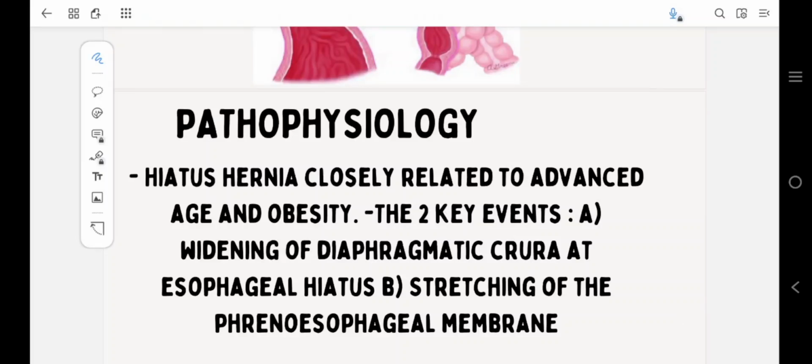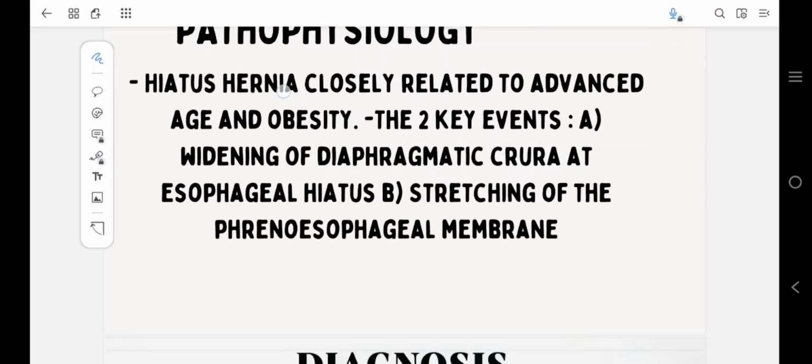As the hernia enlarges, the phrenoesophageal membrane balloons into the posterior mediastinum like a parachute. After repeated episodes, there is adhesion between the hernia sac and the thoracic structures, which prevent the hernia contents from returning to the peritoneal cavity.